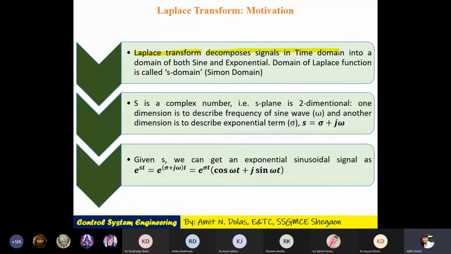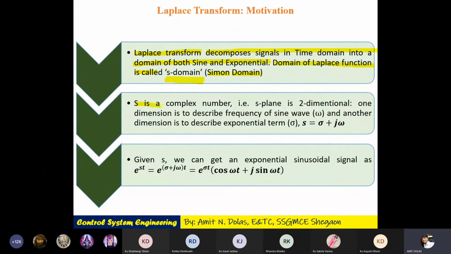It decomposes a signal in the time domain into a domain of both sine and exponential. The domain of the Laplace function is called the S domain. That is why we write S, V of S, Y of S. So S domain, S stands for Simon. He invented this Simon domain.